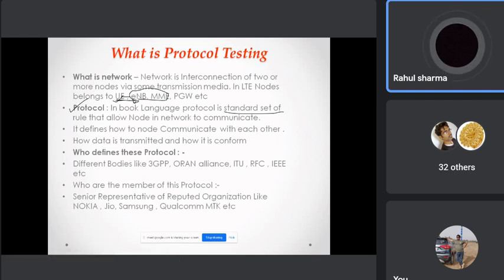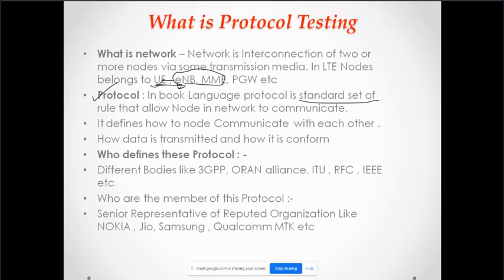Then again the question is, who defines these protocols? We understand we have some set of rules, then who defines these rules? You can understand with one more line. Suppose we transmit some data or signaling, you send some request, but how do you get to know whether the request is successful or not? Like, is my message successfully delivered to the network or not?